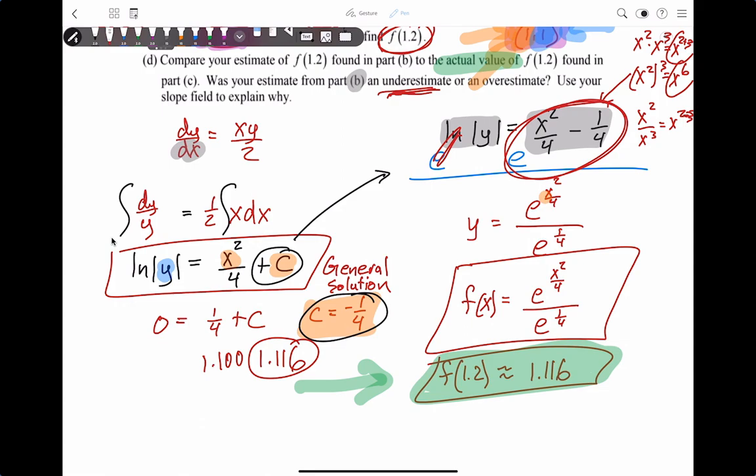I don't know why I was saying that, but 1.100 is obviously less than this 1.116. So part B was an underestimate, because the actual answer was 1.116. And that's what we have. The explanation would be simply that this was less than that 1.116.